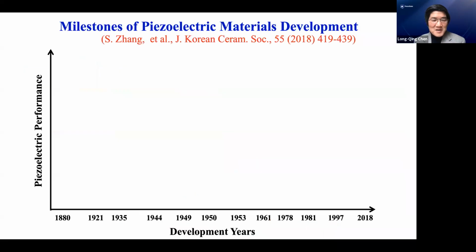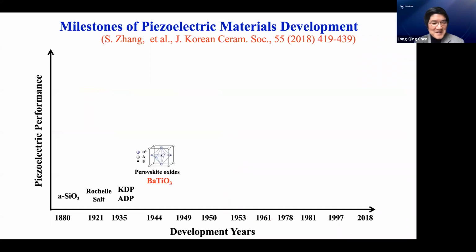Now, there have been quite a few milestones. Roughly the early days of discovery, that's more than 100 years ago, like in quartz. Then in the 1940s, the discovery of the ferroelectric barium titanate, which has a much better piezoelectric effect than materials discovered in early days like quartz.